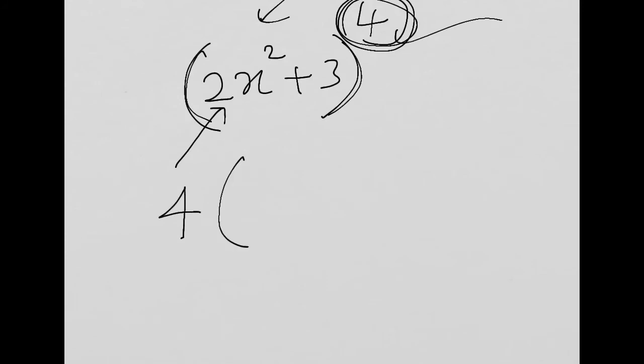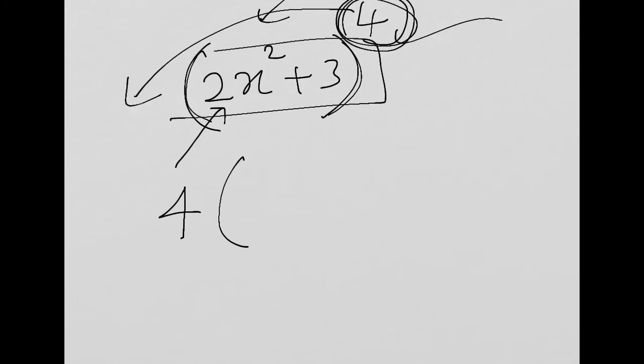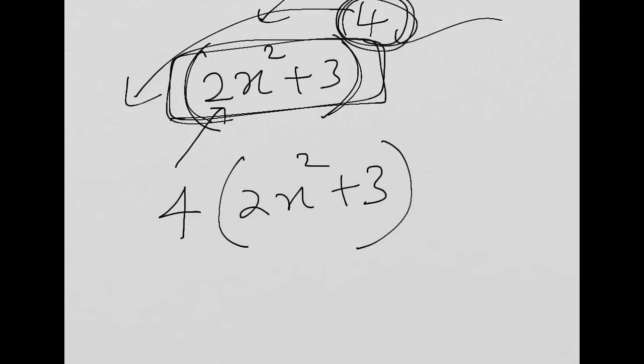Whenever the burden is written to the left, whatever the function is, write that one more time. So it is 2x square plus 3. Then in the place of burden, reduce the burden by 1. So it will become 3.